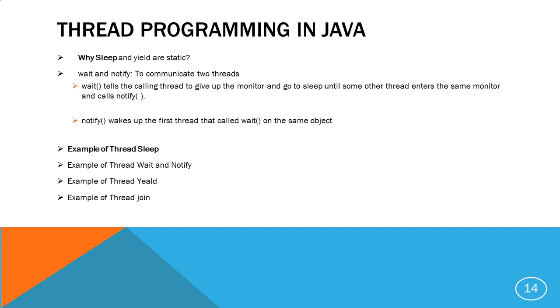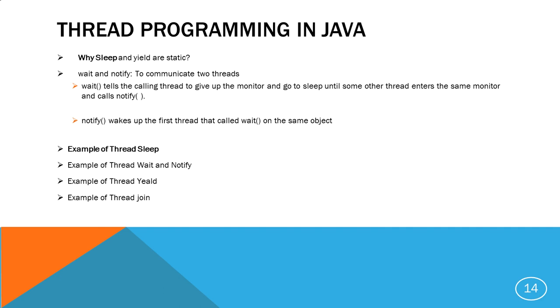For that kind of execution you have to use the wait and notify concept, so that once one thread is done it notifies the other, and till then the other thread waits. Once the other thread is done, it notifies the first thread and waits for the next notification.